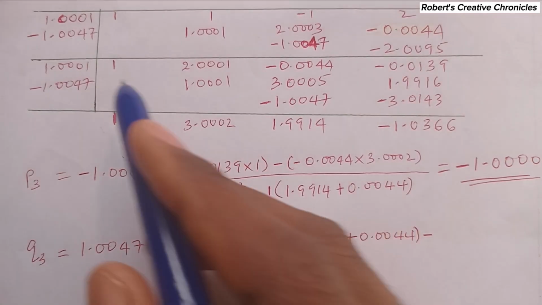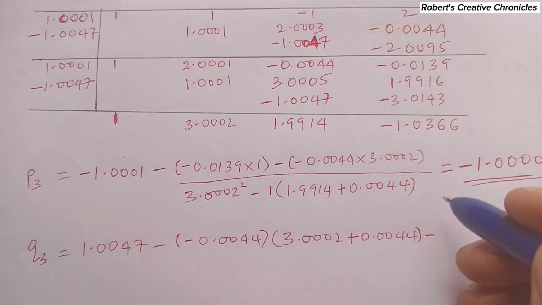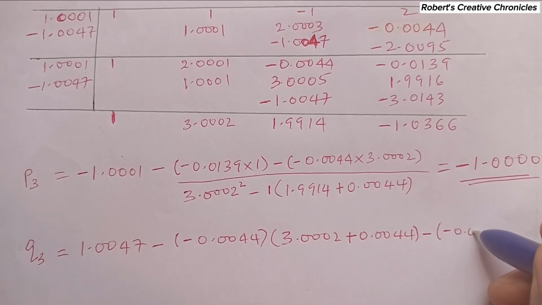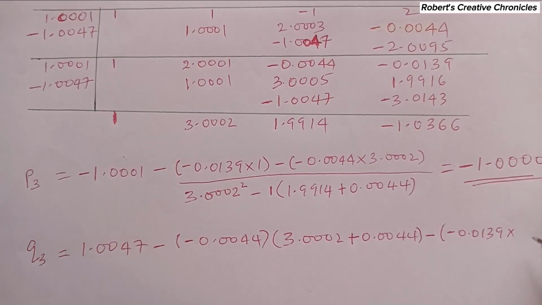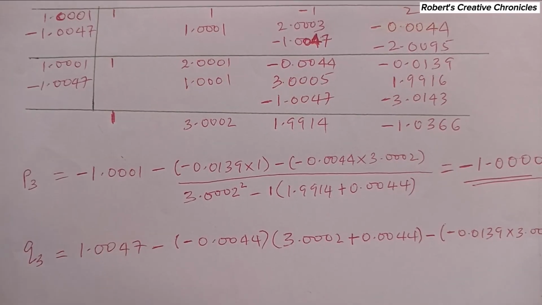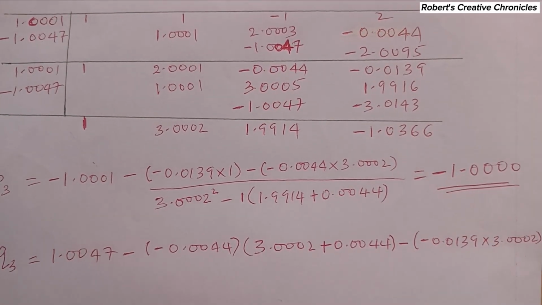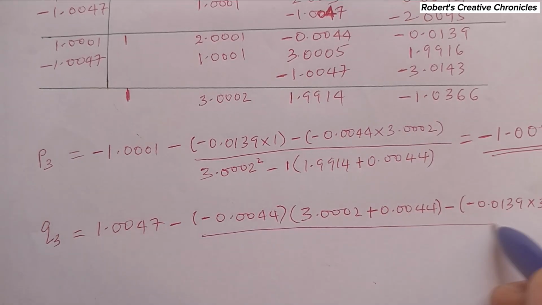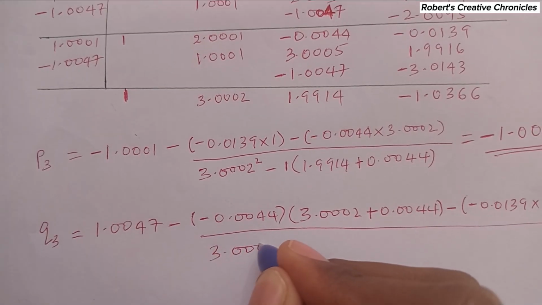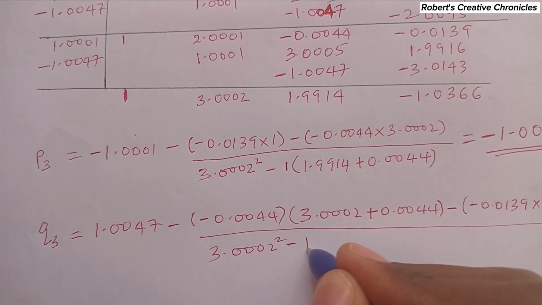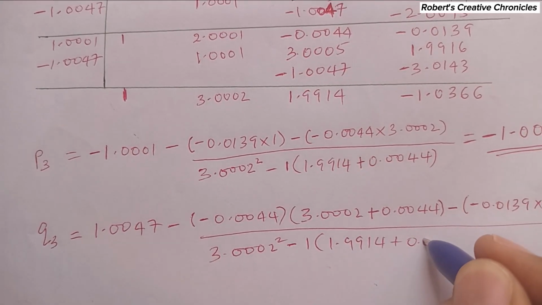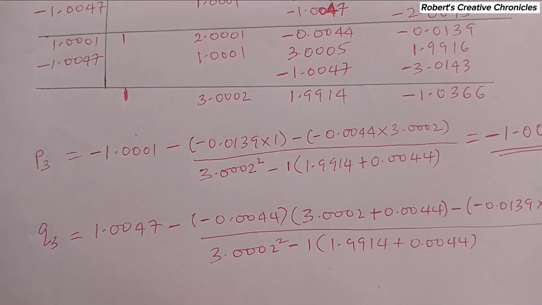So this is B not B1, B2, B3. Then C1. Then divided by this 3.0002 square minus 1.9914 plus 0.0044.